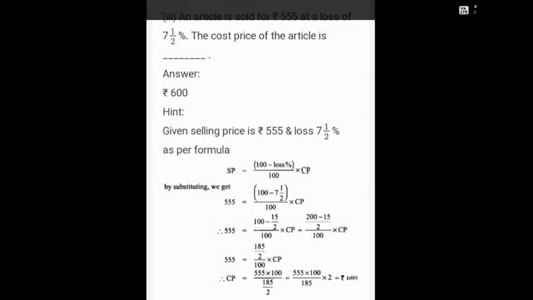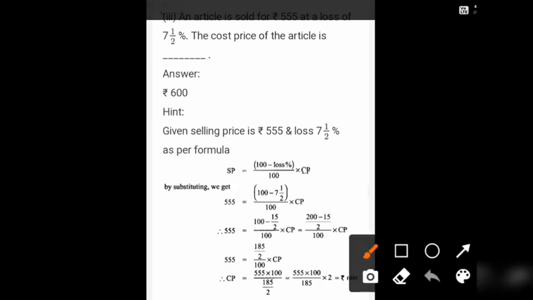Next subdivision. An article is sold for rupees 555 at a loss of 7.5 percentage, that is 7 1 by 2 percentage. What is the cost price of the article? Here the sold price is given, and the loss percentage, that is 100 minus loss percentage divided by 100 into CP.